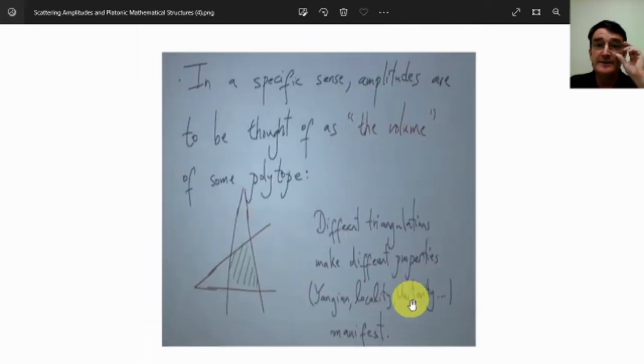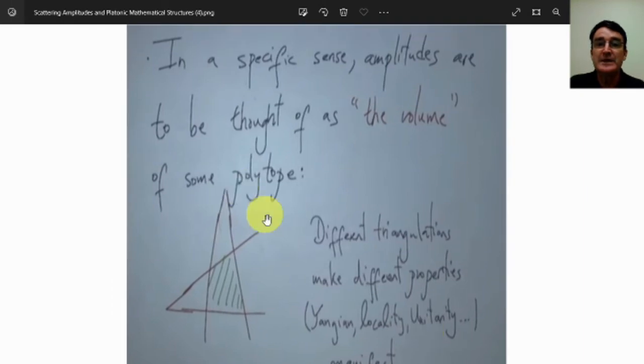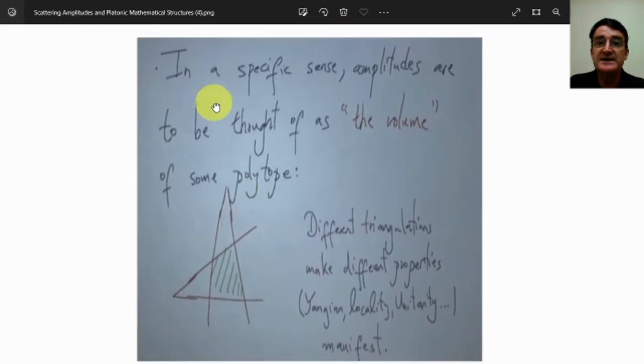Okay, and he said in a specific sense, amplitudes are to be thought of as the volume of some polytope, where he puts the volume in quotes. So this polytope is this quadrilateral shape here in green.